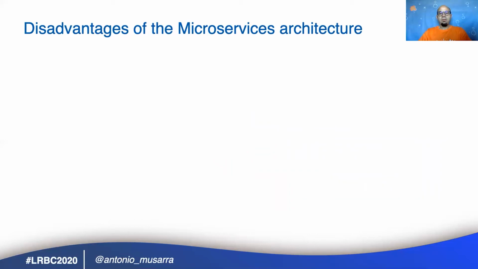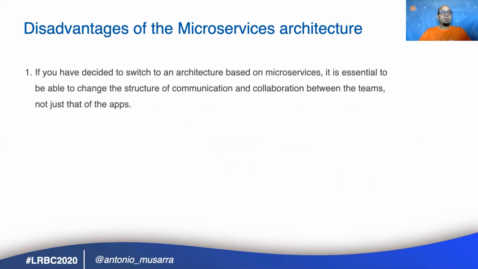of the microservice architecture. If you decide to switch to an architecture based on microservices, it is essential to be able to change the culture of communication and collaboration between the teams, not just of the app.